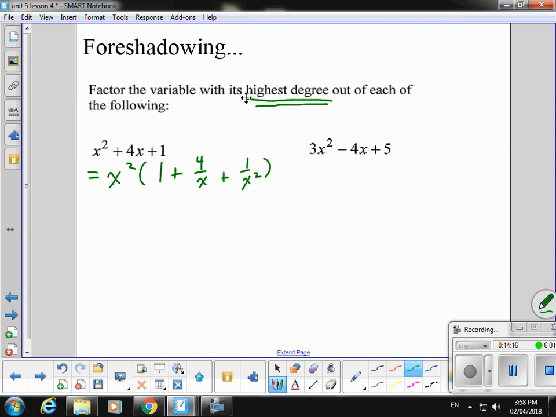For the second one, it would also be an x squared. In our brackets, it would be 3 subtract 4 over x, and 5 over x squared. If I'm doing the distributive law, I just check that I get what I started with. That's going to help us with our limits. Here we go.